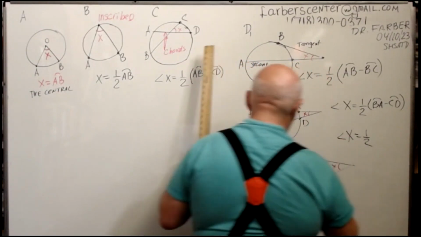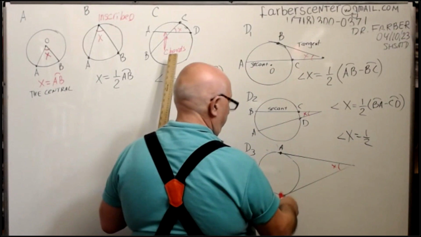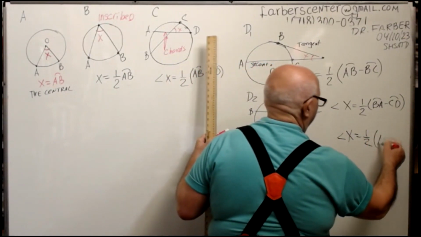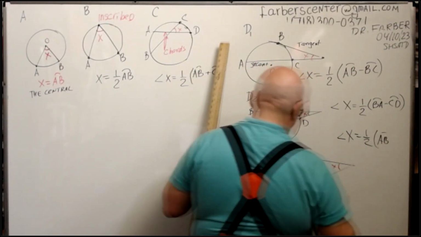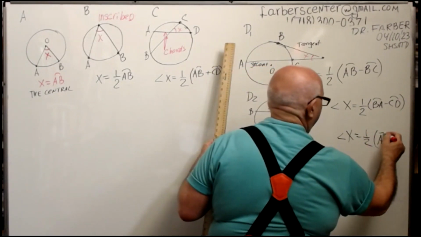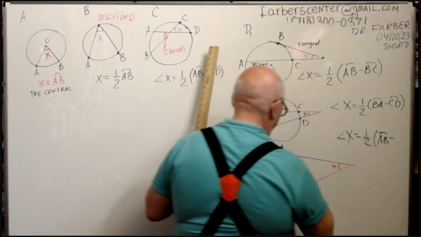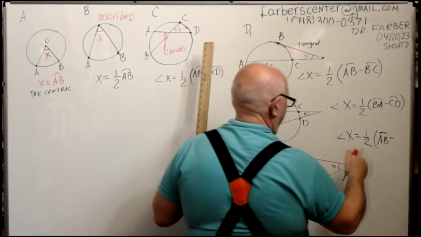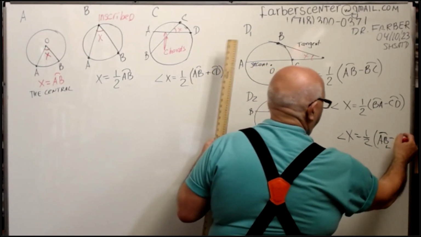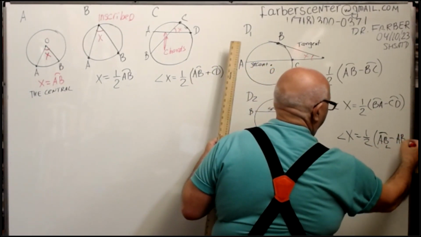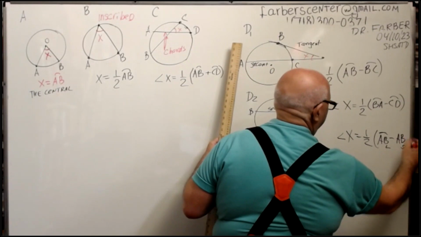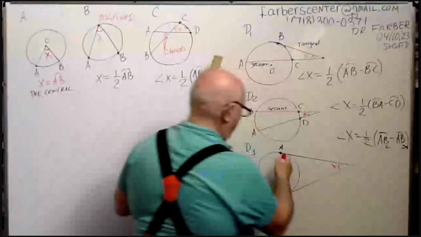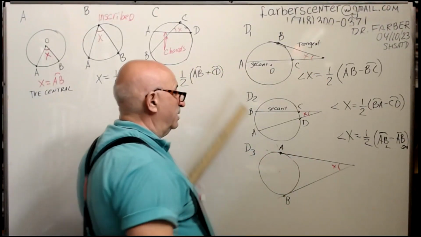Half of the difference of the intercepted arcs AB. This arc minus arc AB, large AB minus small AB, let me put it this way. We name them major and minor.